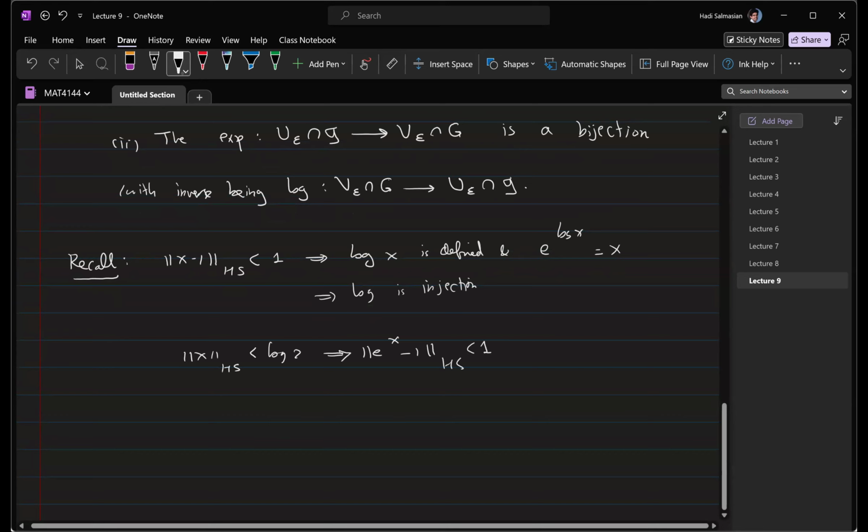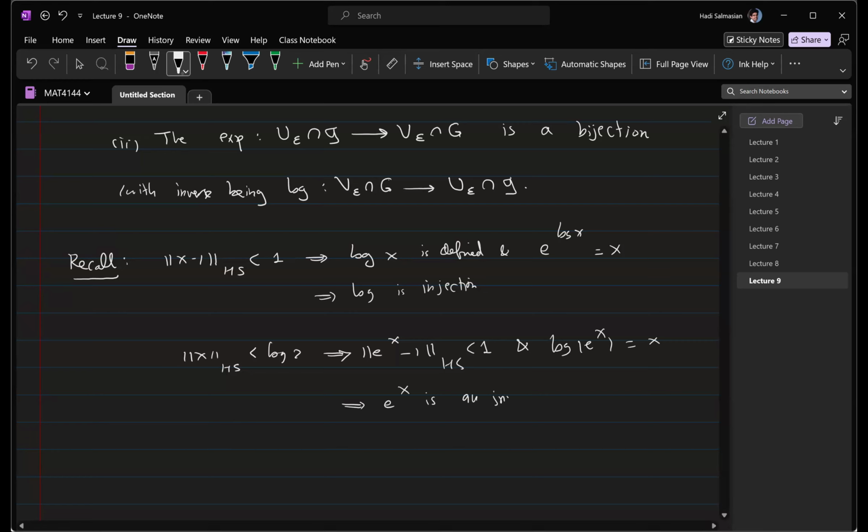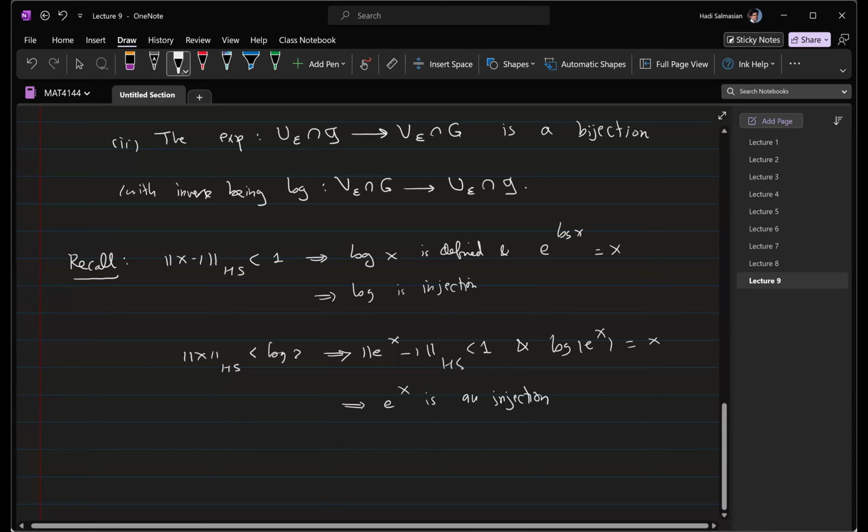When we studied the log function, we had this. As a consequence, log e to the x is defined and it's equal to x. So what this means is that e to the x is an injection, with the condition that the norm is less than log 2.